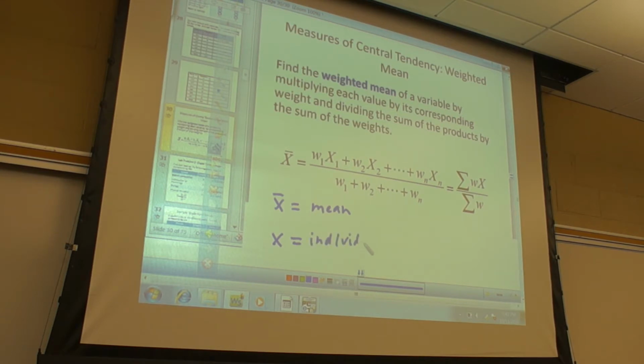In your notes? Yes. What's next, is it the sum of the W's, or is it the W's? W are the weights, the individual weights.